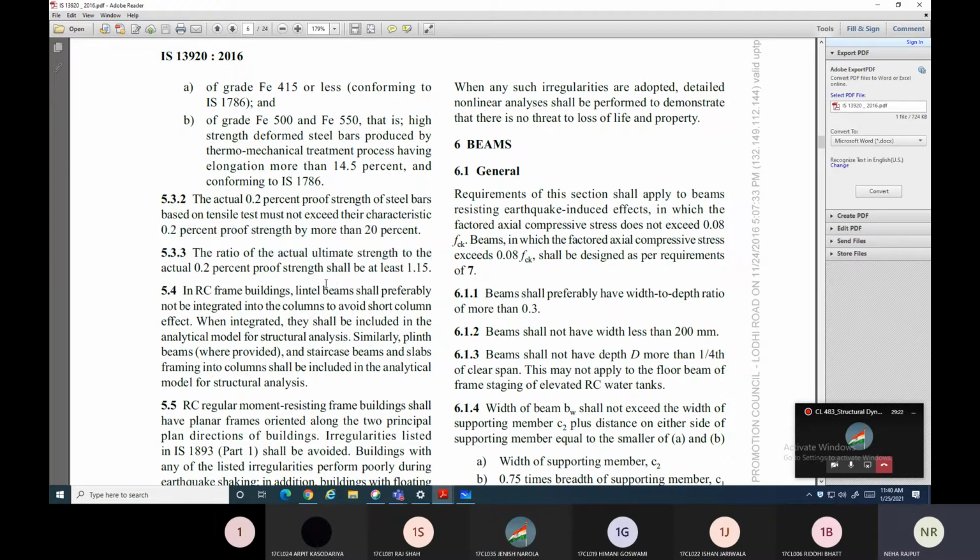Then for the steel itself, the ratio of the actual ultimate strength to the actual 0.2% proof strength shall be at least 1.15. So whenever you are dealing with the earthquake force, and if you are using any of the steel, Fe250 or Fe415, you must follow all these criteria.